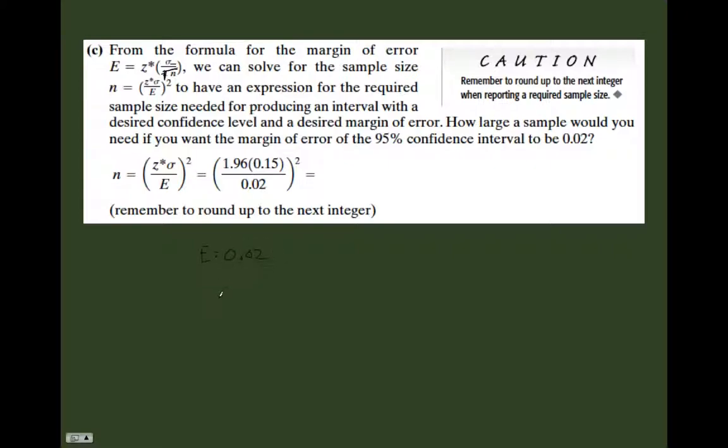So we're told that E is 0.02. So we know 0.02 is going to equal Z star times sigma over the square root of n, okay? And Z star we know because our confidence level is 95%. And sigma was given to us.